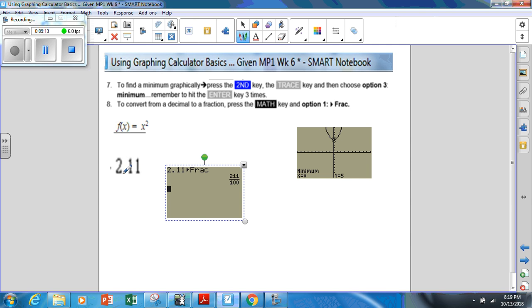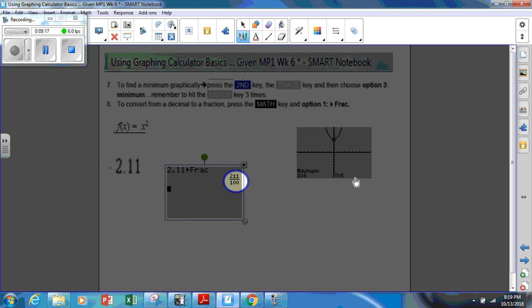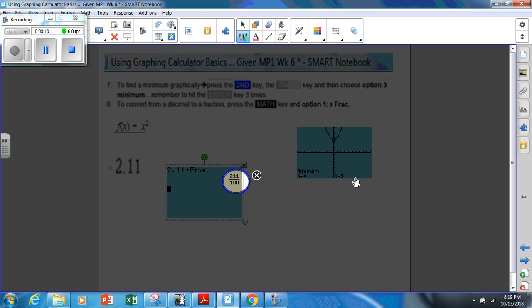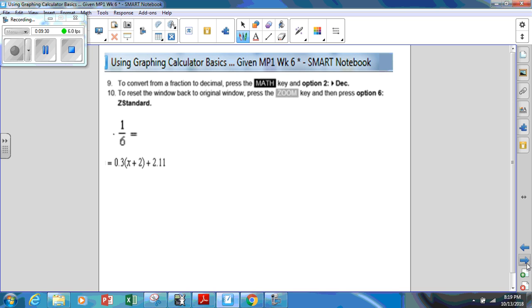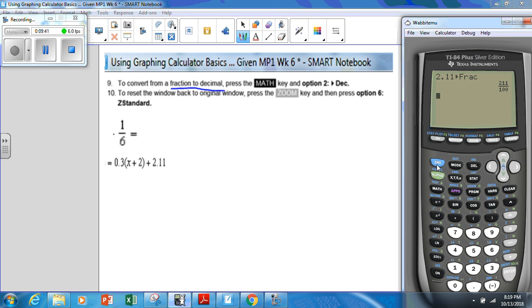All right, let's take another look at our next cheat code. Let's go the opposite way and convert a fraction to a decimal. We take the fraction 1 over 6, and we want to convert that to a decimal.